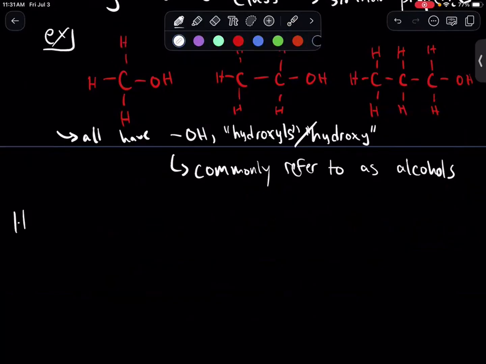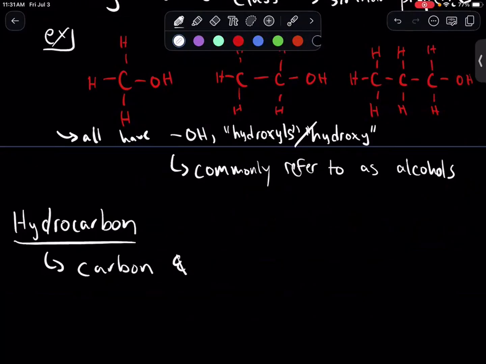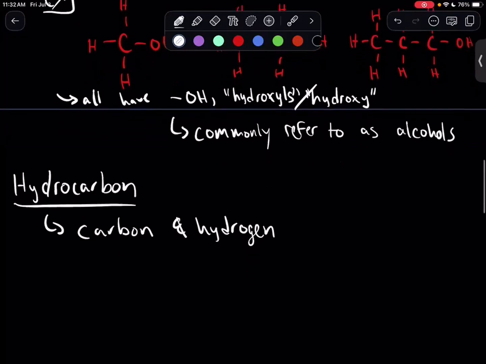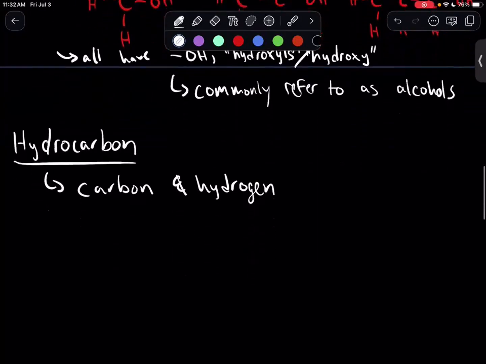The first thing we're going to do is separate out the hydrocarbons. As the name implies, hydrocarbons are composed of carbon and hydrogen. We discussed this in our combustion unit when we talked about combustion of hydrocarbons, but we actually have three classes of hydrocarbons. We have alkanes.